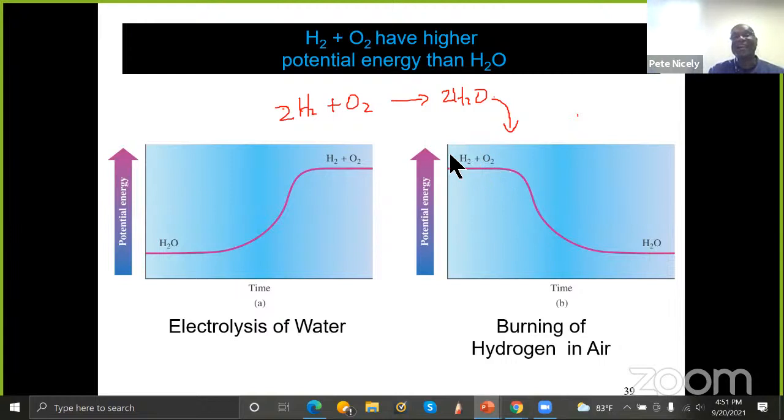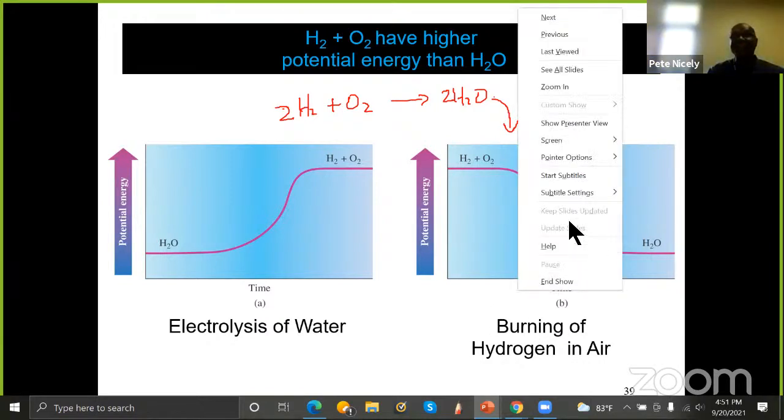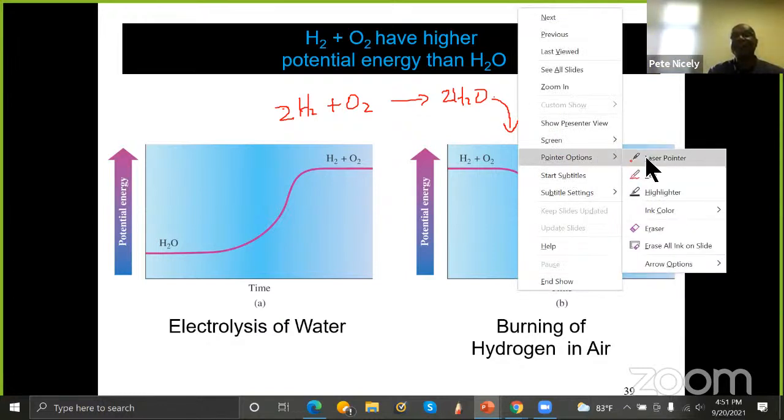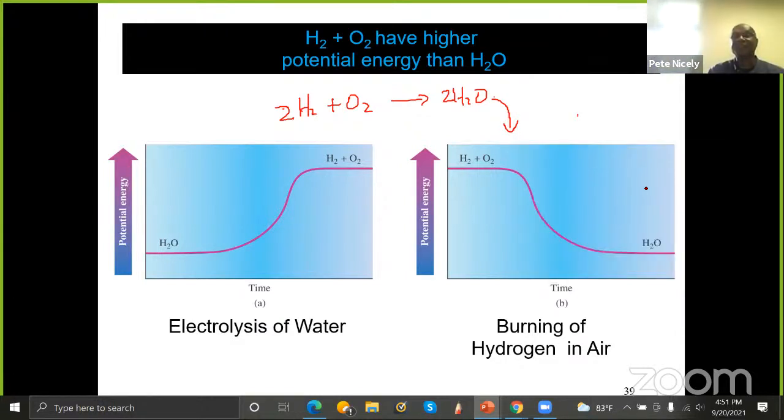So as the hydrogen and oxygen are converted to water, there'll be a corresponding loss in energy, right? So that's what happens when you burn hydrogen in air. Therefore, this is representing the exothermic process. So let me write this down here. Okay, this is exothermic.